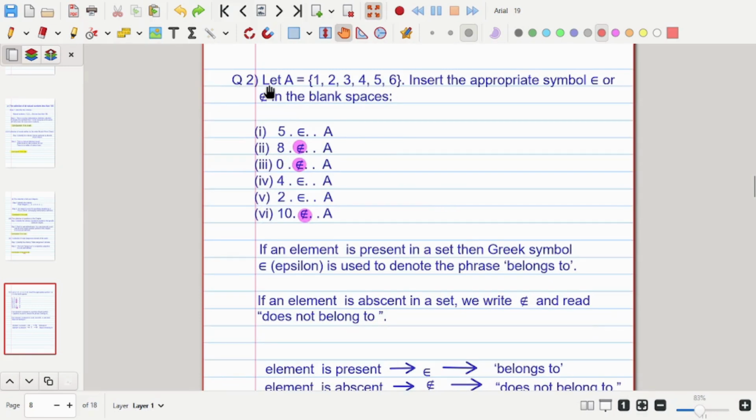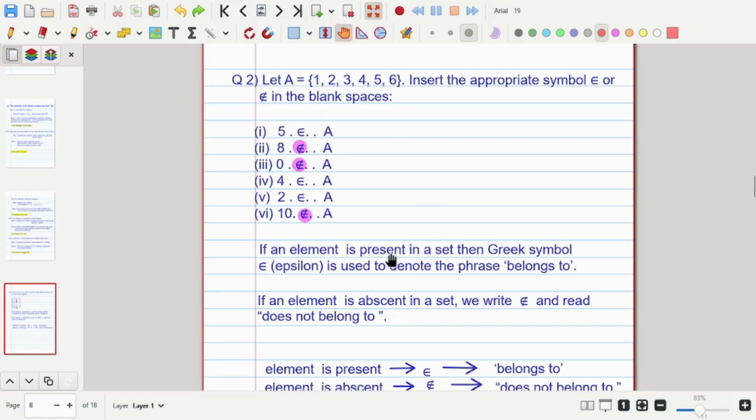Question 2. Let A be a set: curly braces mean a set of 1, 2, 3, 4, 5, 6. Insert the appropriate symbol, epsilon. This is a Greek symbol. Pronounce it as epsilon or not epsilon. With the slash on it, it becomes not epsilon, in the blank spaces.